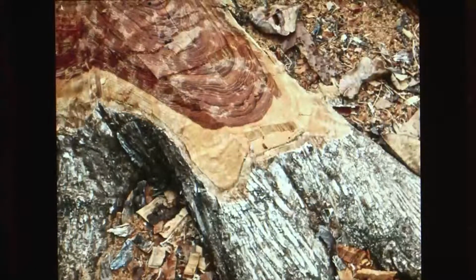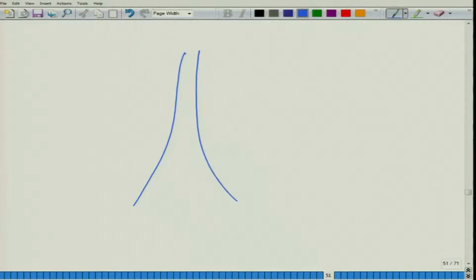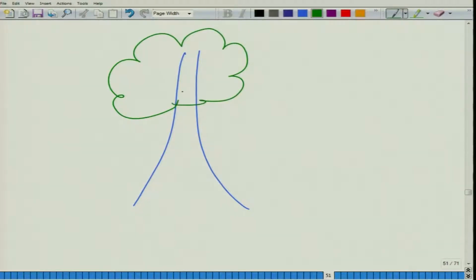So, what do we mean by stump dressing? Consider a tree. As we saw previously, it is very difficult to cut a tree at the base, because we might have some undergrowth here, or some stones which might damage our instrument.